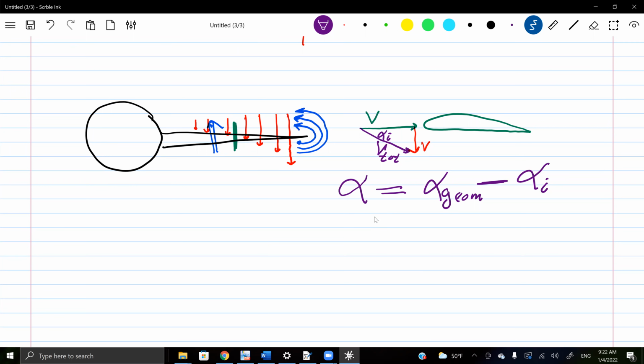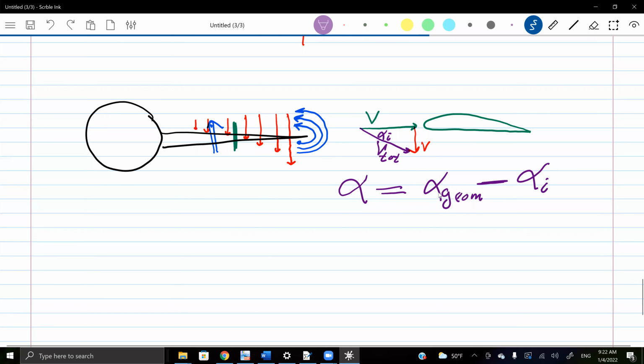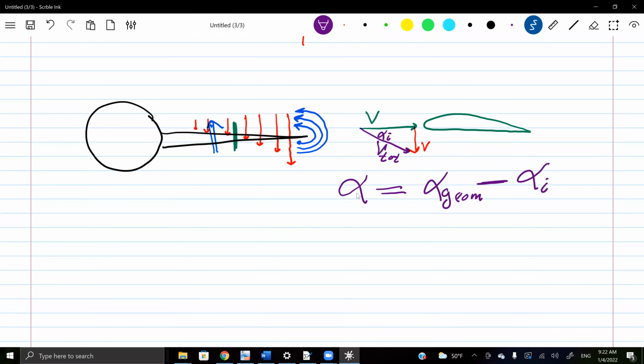Once you decrease your angle of attack, and it happens naturally, out of your hands, you set your wing at the geometric one, but what you really get is this resultant or total alpha that is less than the geometric one by the induced angle of attack. Why does this happen? Because of this induced velocity. And why does this happen? Because of the tip vortex.